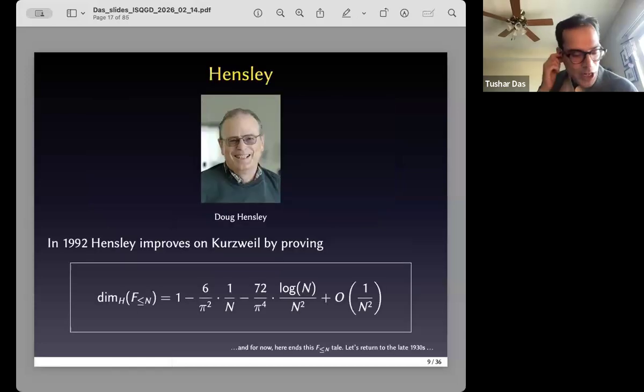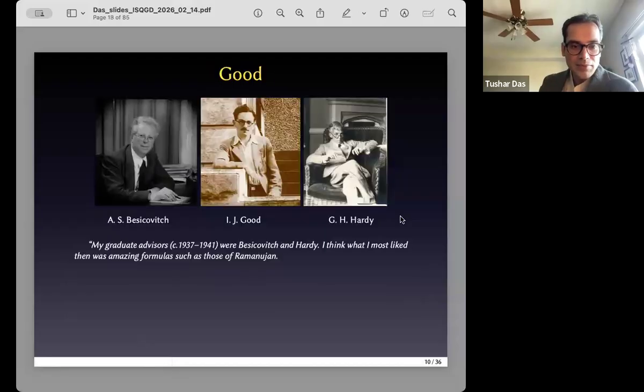Okay, so let's change gears slightly. Instead of f less than or equal to n, let's look at a slightly different setting. So we're going to rewind back to the late 1930s and early 1940s to Jack Good, who was actually Isidor Jacobus Gudak, but he changed his name to Irving Jack Good, probably to avoid ethnic aggression against his background.